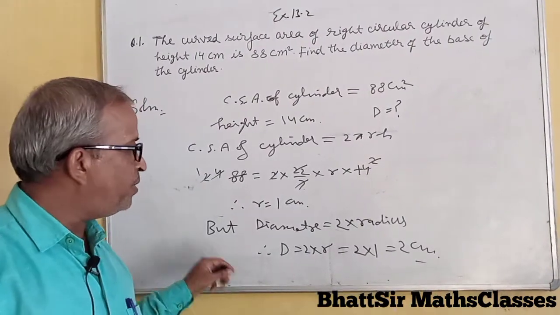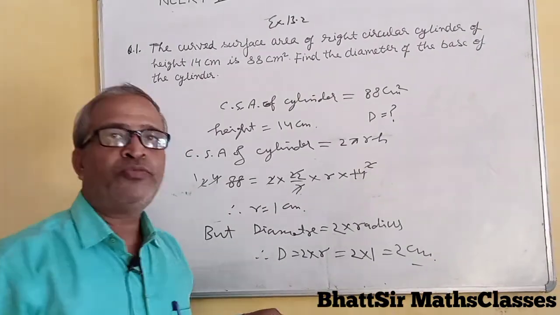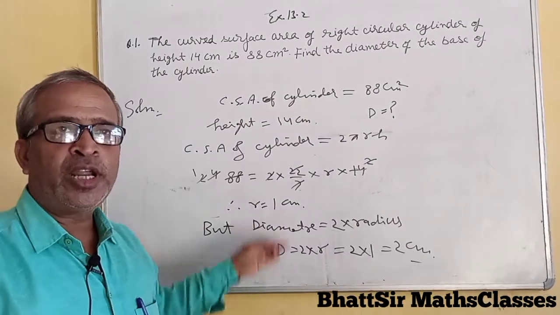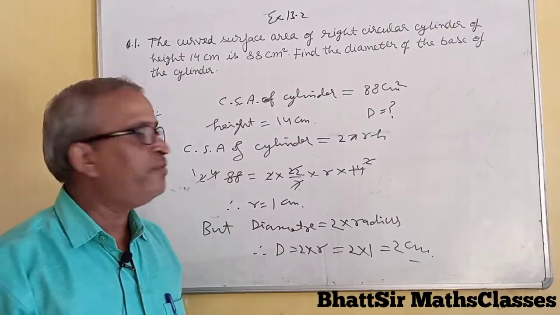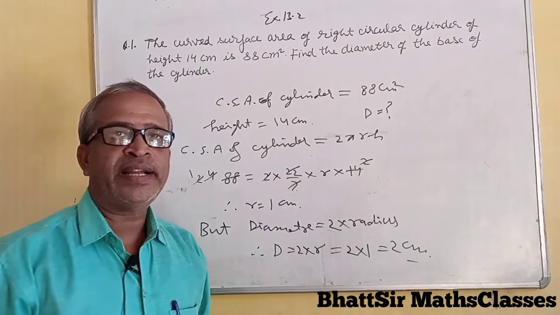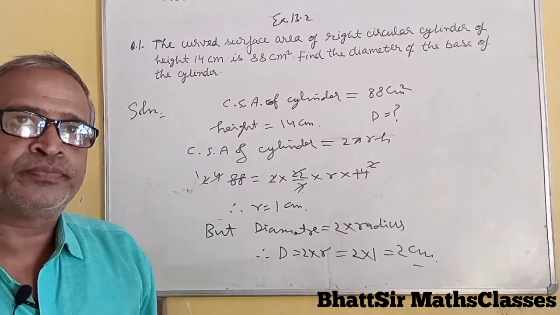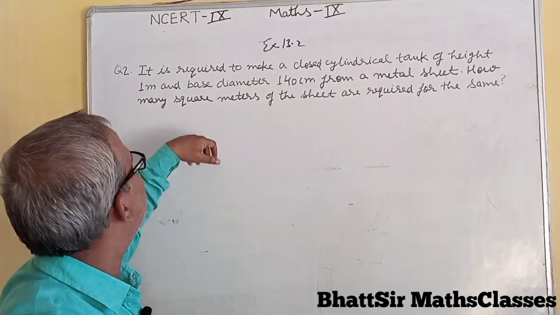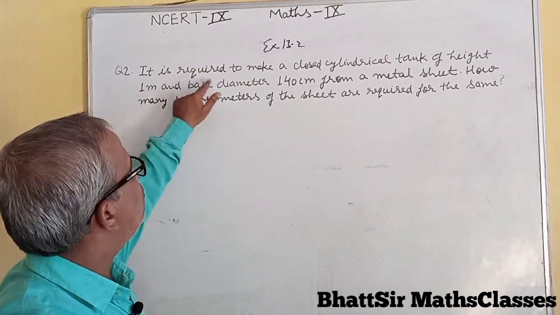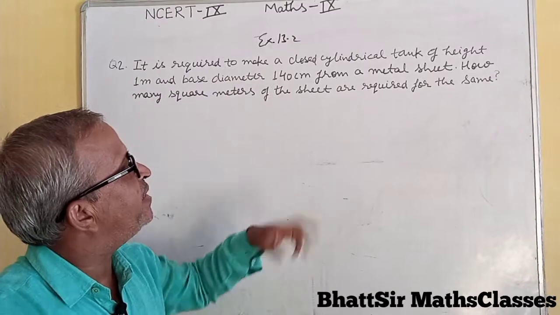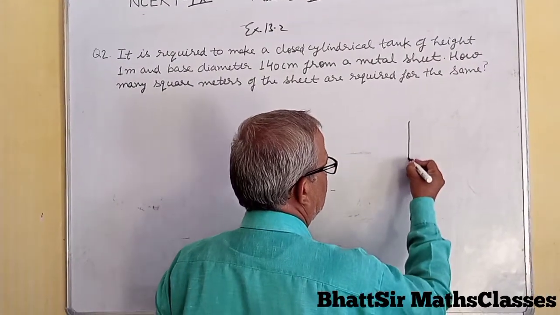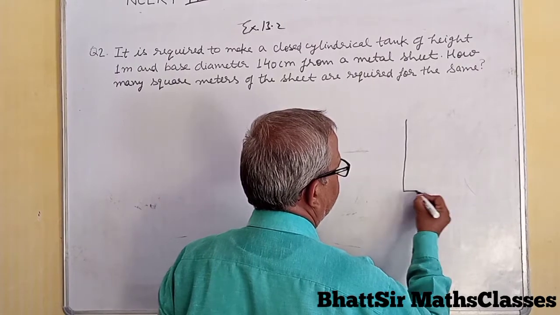So now I am attempting question number 2 from exercise 13.2. So first of all you note it down. Note it down in a notebook and I will give a few seconds to you. So now it is question number 2 from exercise 13.2. It is required to make a closed cylindrical tank. So now I am drawing a closed cylindrical tank.